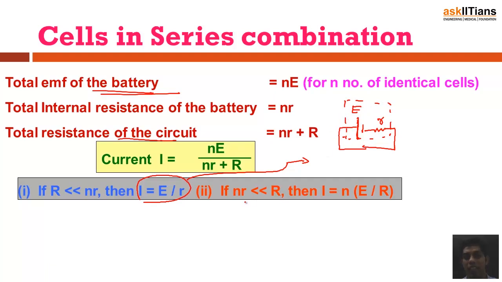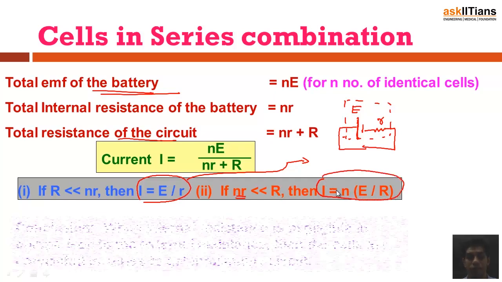Now in the second case, the net internal resistance is much less than the external resistance, then the current in the circuit becomes I equal to nE by R.